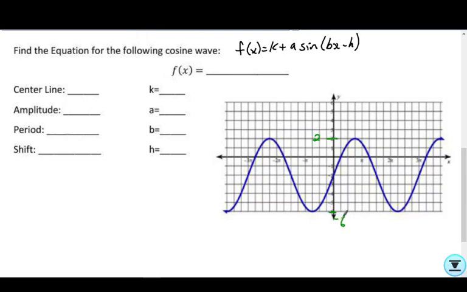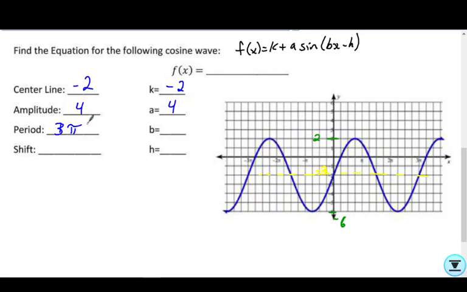Minimum is at -6. Which means my center line is right here at -2. And if you haven't figured this out yet, they're the same ones. So my center line is at -2. My amplitude is 4. So k is -2, a is 4. My period is still 3 pi.